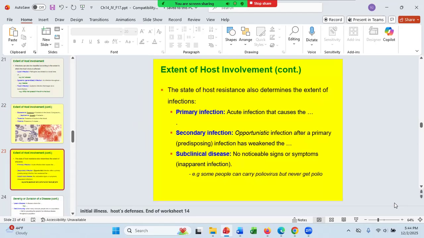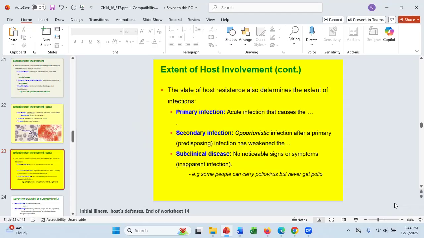The extent of the host involvement does depend on the host's resistance to the infection, meaning the host can resist the infection, the immune system can respond. A primary infection is an acute infection that causes the initial illness. A secondary infection is an opportunistic infection that occurs after a primary infection.